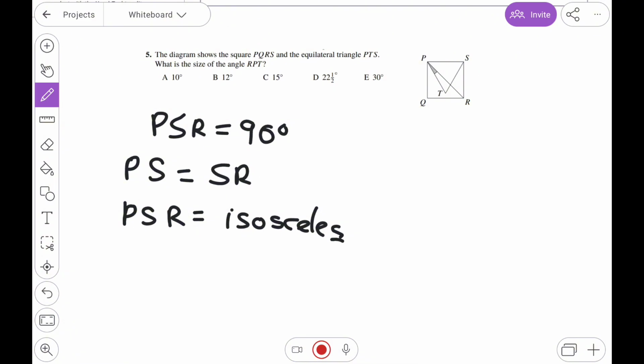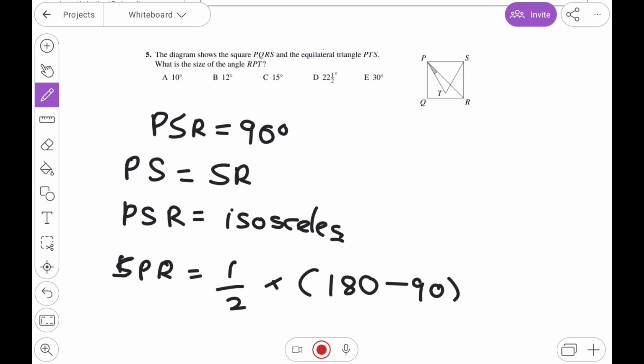In our case, SPR would then be half of 180 minus 90, which is 45.